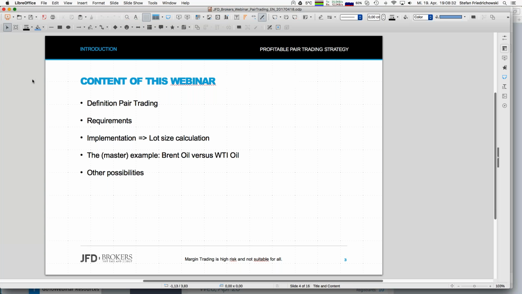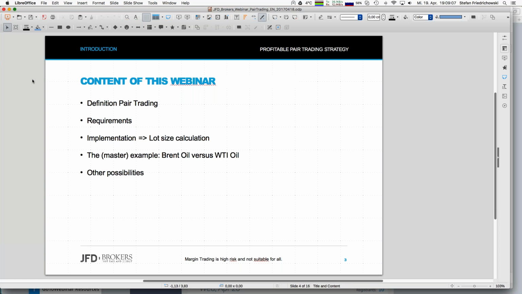What we really trade are market inefficiencies, and those are the ones we want to address by that kind of strategy of pair trading. Therefore, it's quite important to have a closer view on the lot size calculation in order to have a trade which is really market neutral. So that market neutrality is important for those kind of trades. And therefore, I have a special topic on that as well.